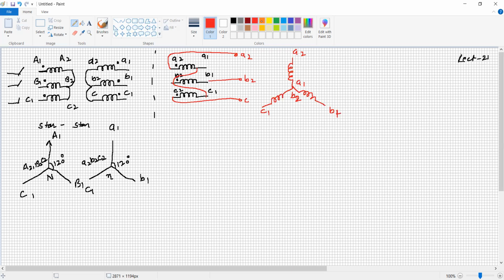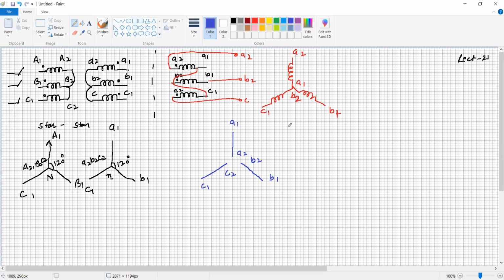Now let me draw the vectors with reference to this one. In the previous condition, when the terminals were not connected in any fashion, the three phases were A1, A2, B1, B2, and C1, C2.